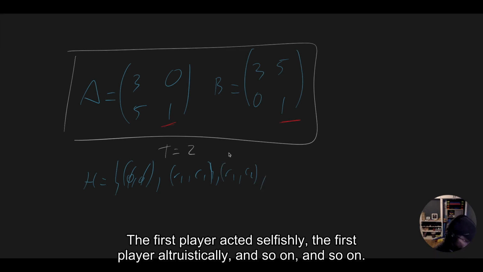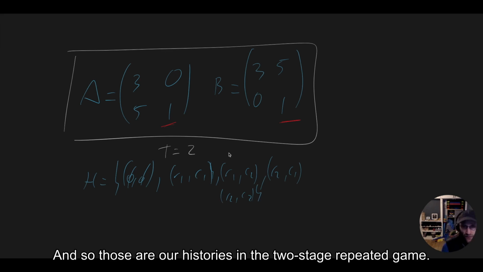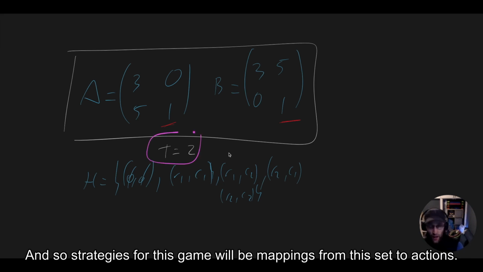The first player acted selfishly, the second player altruistically, and so on and so on. R2 and C2, I think, is the only one I'm missing there. And so those are our histories in the two-stage repeated game. And so strategies for this game will be mappings from this set to actions.